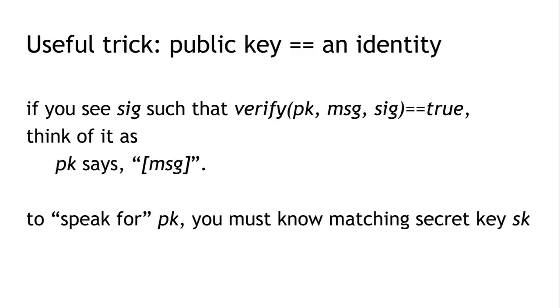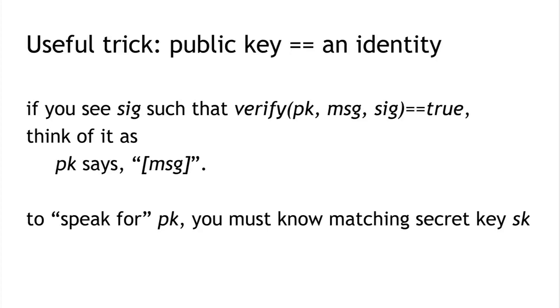You can literally think of a public key as kind of like an actor or a party in a system, and they can make statements by signing those statements. In that mindset, this public key is like an identity. It's an actor who can do stuff in the system.